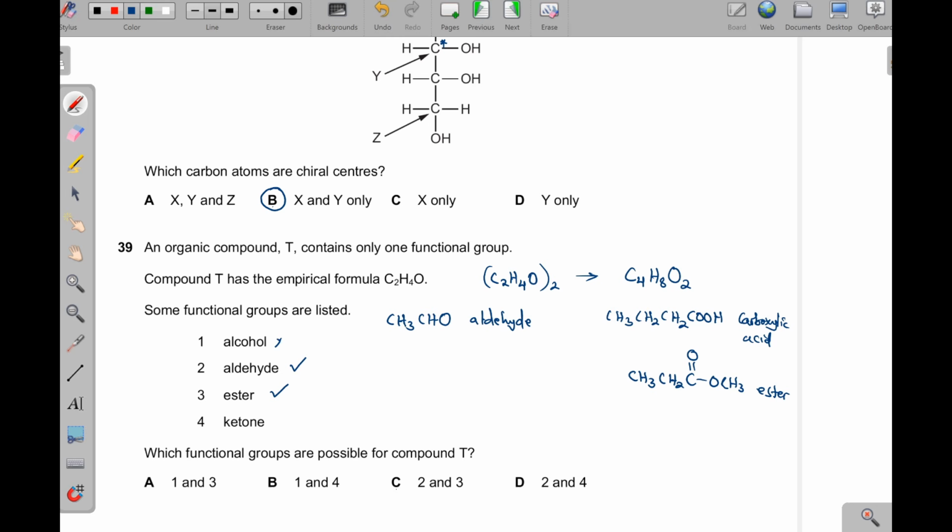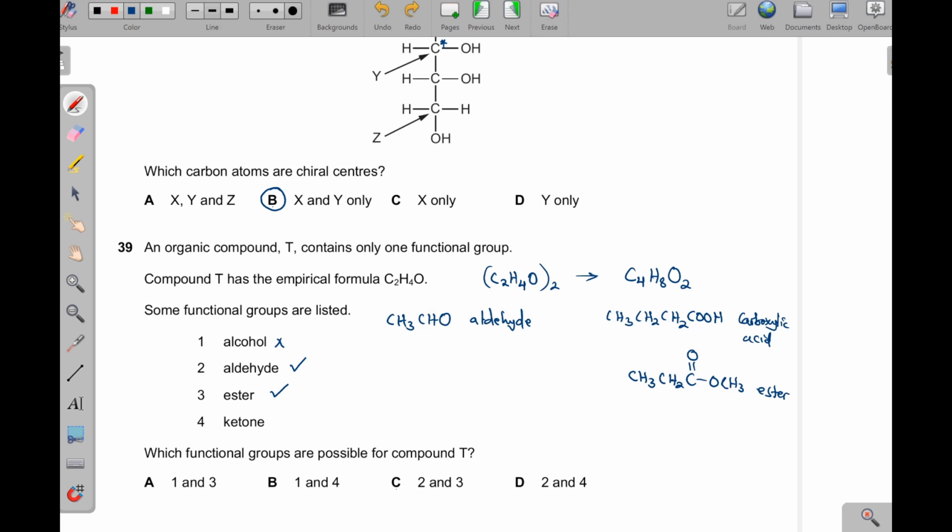Another reason why the alcohol is off: I can take this molecule and multiply by any number. If I multiply by 2, the oxygens are 2. An alcohol cannot have 2 oxygens; it is going to have 1. And they said only 1 functional group. It can have two oxygens if it is a diol, but they said only 1 functional group.